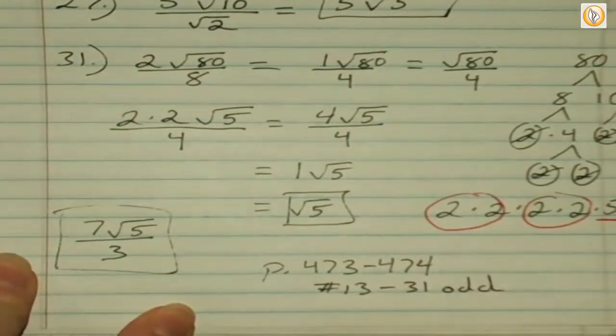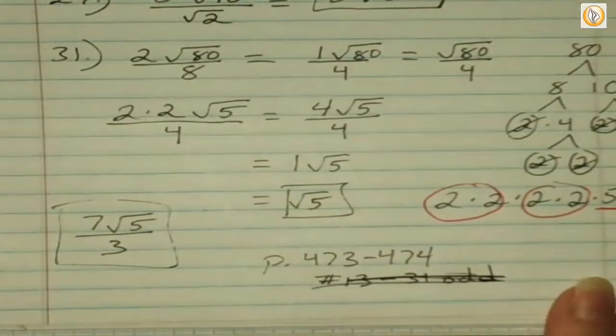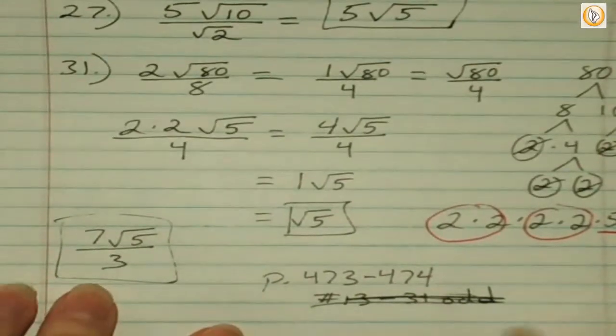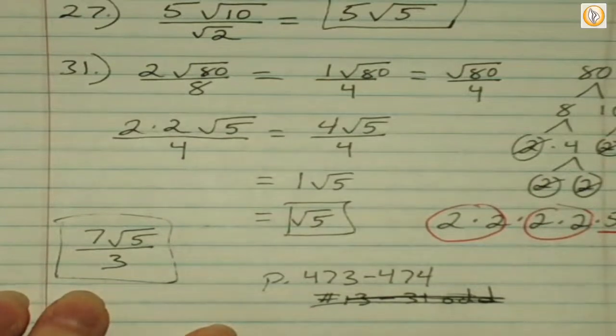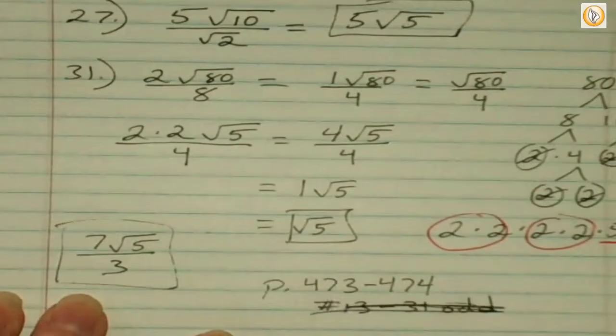We did odd. No, we did odd. I'm so sorry. No, we didn't. I did 27 and 31. You didn't, Miss Rogers. Yesterday we did 7 through 12 all, and then 33 and 34. Oh yeah.